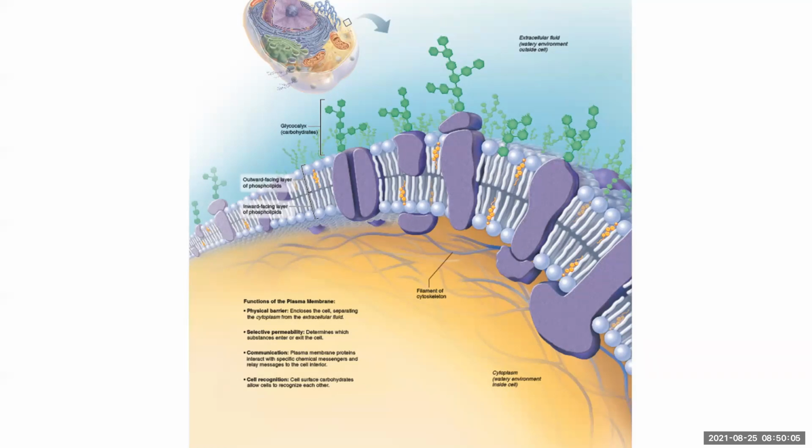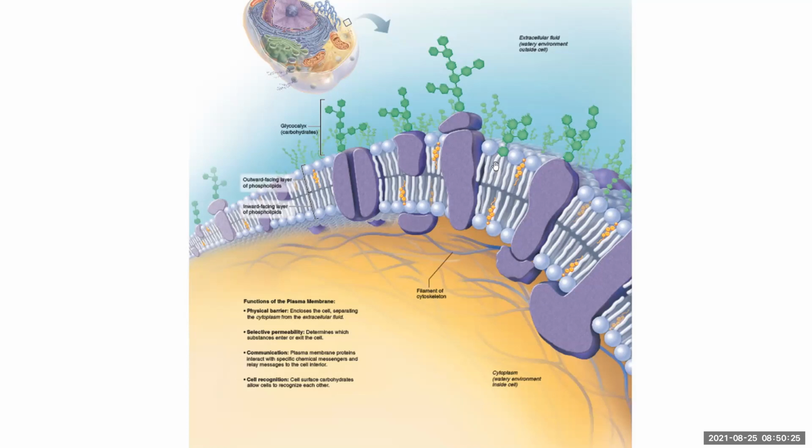I have the word receptor there in the outline to indicate that to a large extent, these proteins, as they float around, are used as receptors. Now, this is a leaky structure. Water can pass through here.